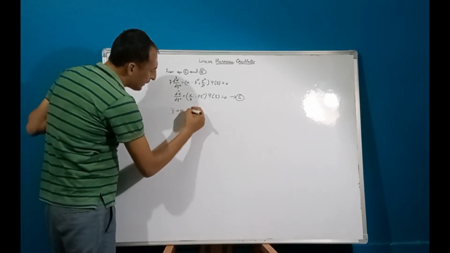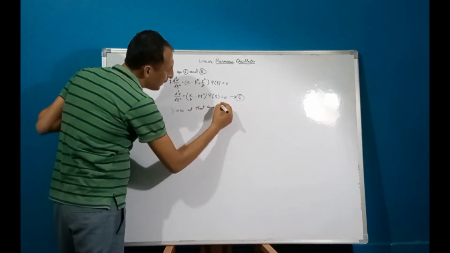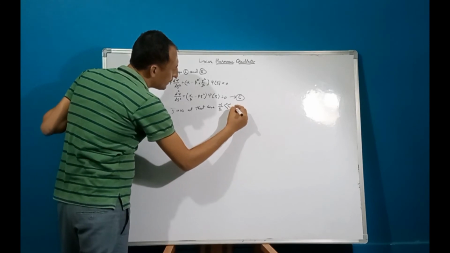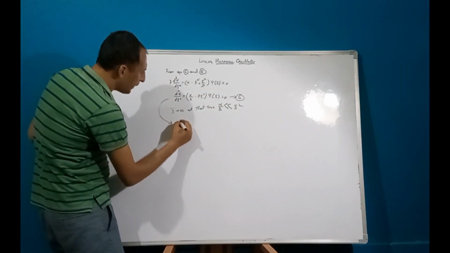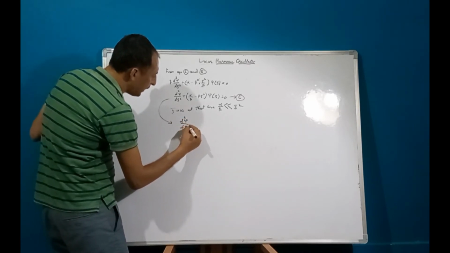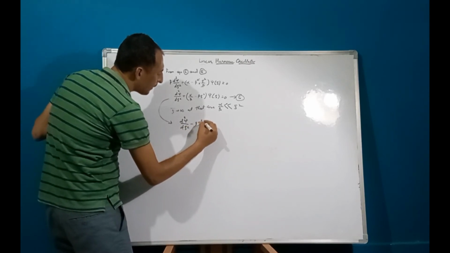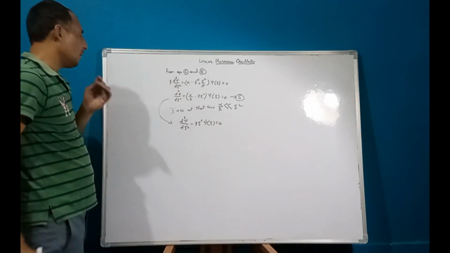in that case, what will happen is that alpha by beta will be very, very less than psi square. So this equation can be modified and can be written as d2 psi over d psi square minus beta psi square of psi is equal to 0.